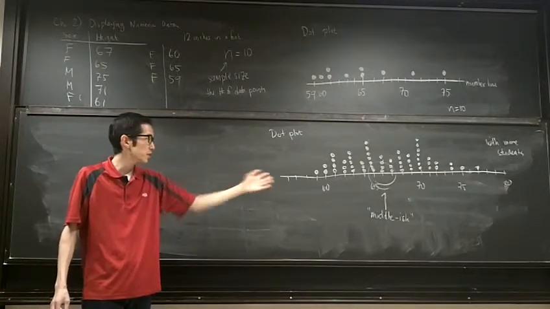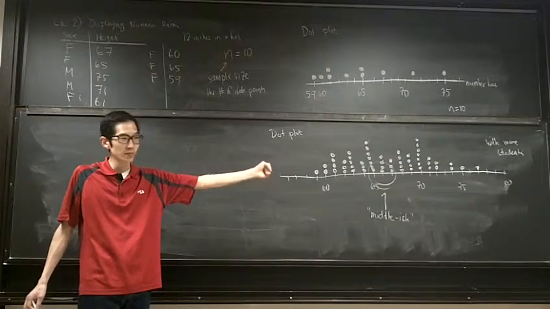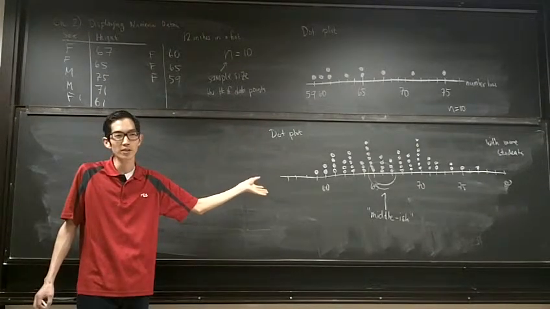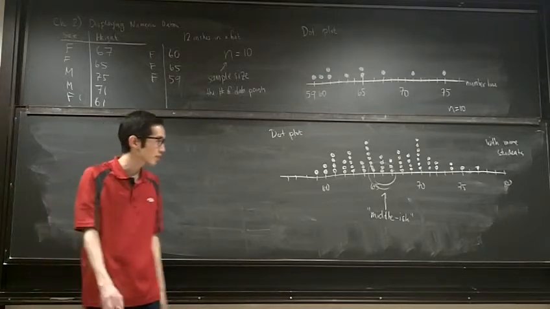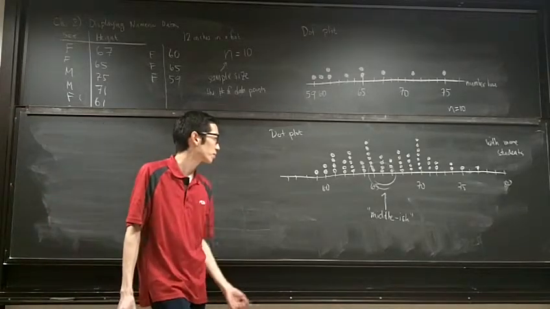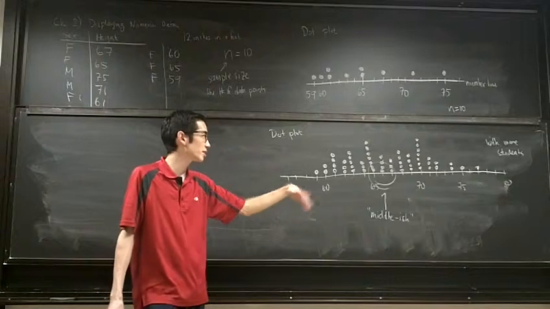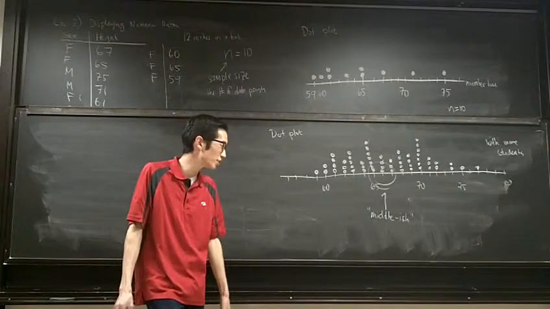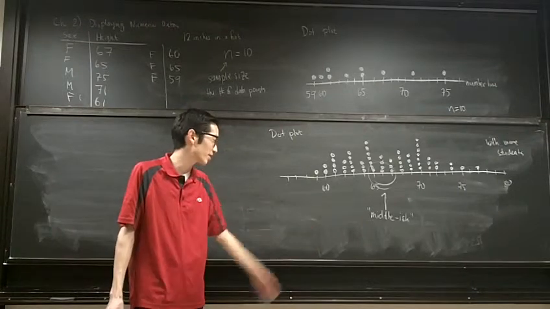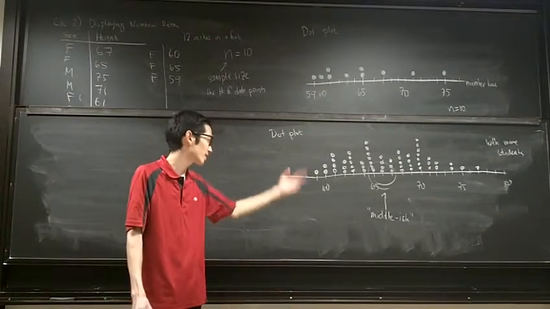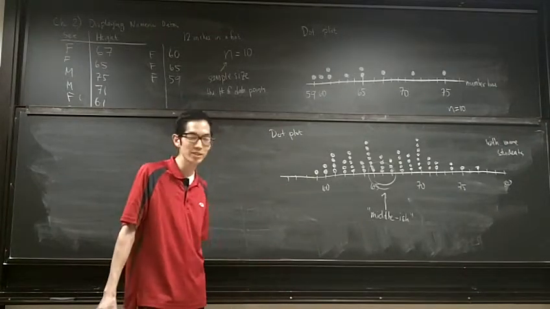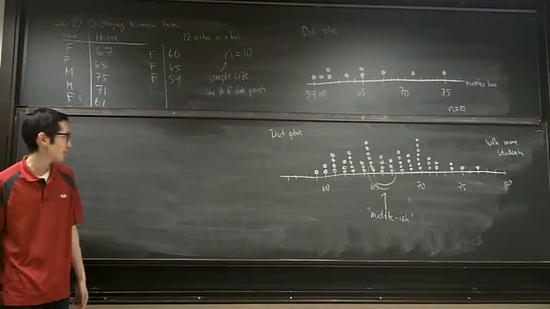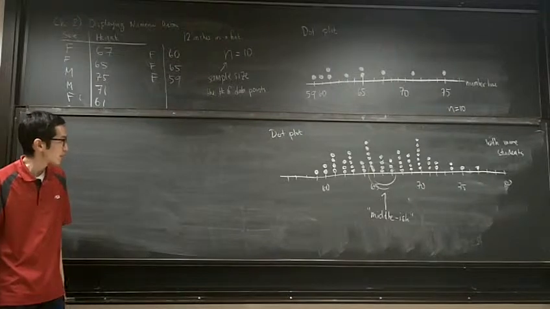So let's say you knew nothing about how tall people are. Let's say you're from a country that's never heard of feet and inches. Someone says, these are the heights of my students, and you're like, what units are these? I would not be surprised if that happened.